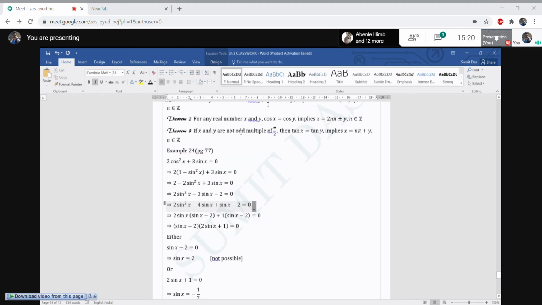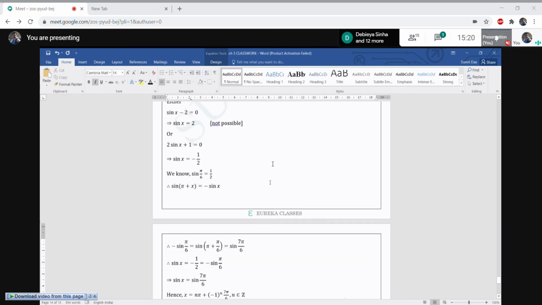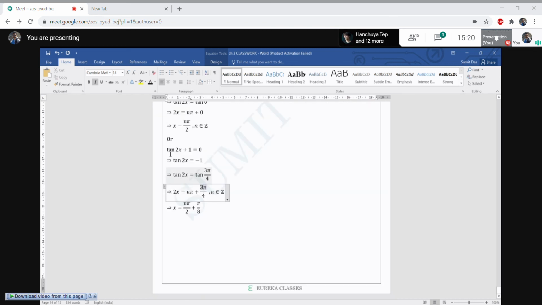If x and y are not odd multiples of pi by 2, then tan x equal to tan y implies x equal to n pi plus y. Here it is not an odd multiple, so 2x equal to n pi plus y, where y is 3 pi by 4. So x will give you n pi by 2 plus 3 pi by 8. Now this is also included. Okay, now the last part is clear.